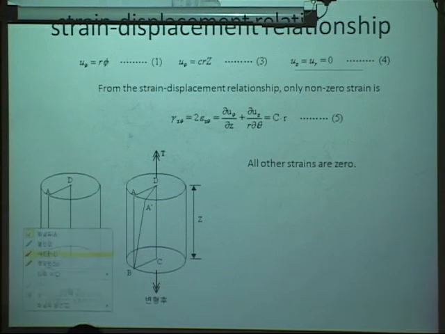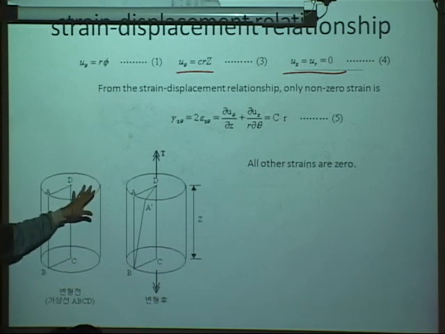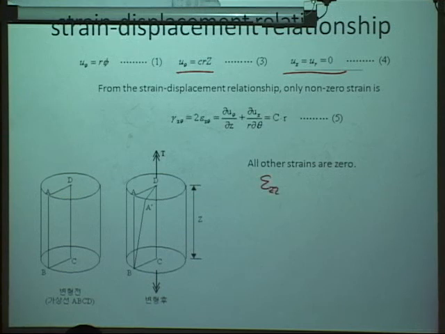I'm sorry, we have the displacement like that, but the only difference is that this is in polar coordinate, not the Cartesian coordinate. So anyhow, let's say epsilon zz, epsilon rr, epsilon theta theta.